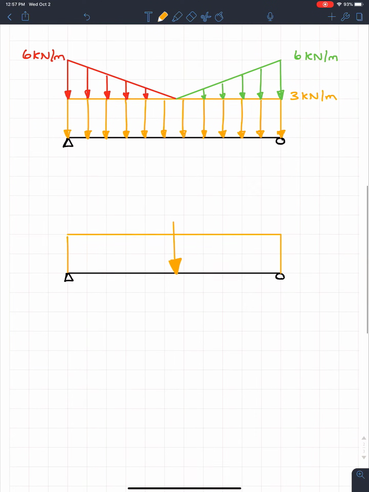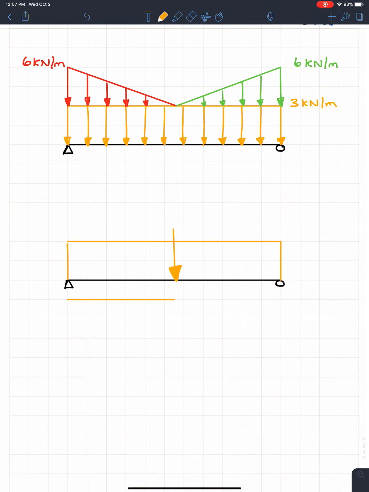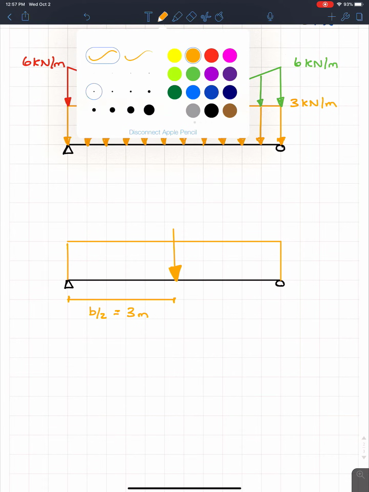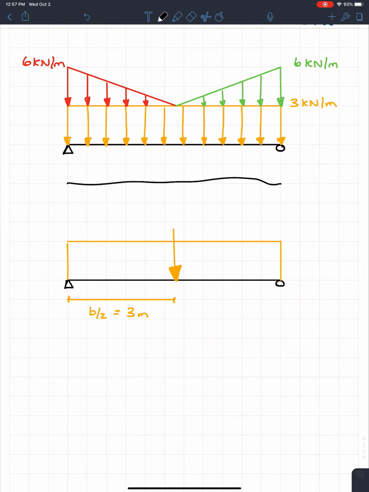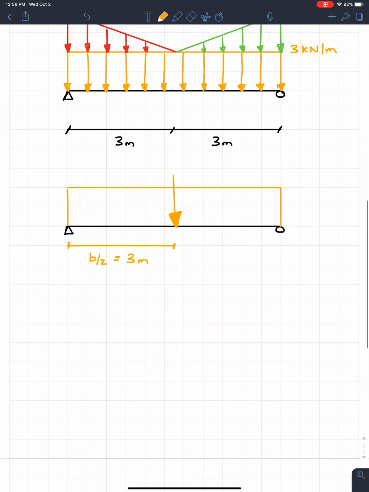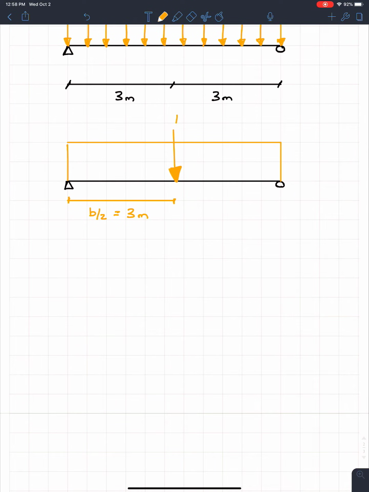So we know that this distance from here to here is going to be the base divided by 2, which we know is going to be equal to 3 meters. And I should probably label this up on this side so everybody knows what I'm talking about. So from the question, we already know that this is 3 meters and this one's 3 meters. So from here, we know that that's the force, and I'm just going to label it F1.